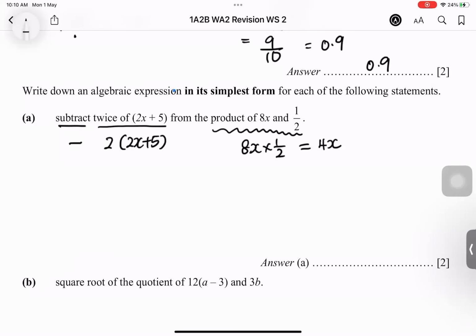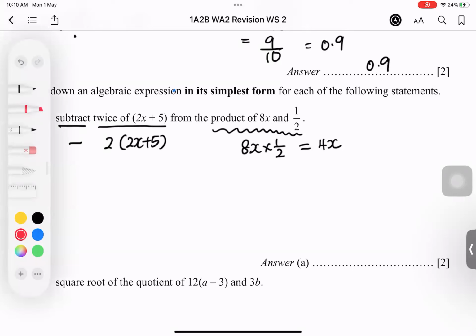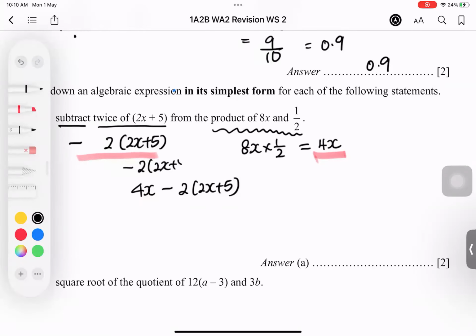Subtract this one from 4x. So we put 4x in front, minus 2 bracket 2x plus 5. Or you can also write minus 2 bracket 2x plus 5 plus 4x, also can. Then now over here, we need to expand out this bracket.